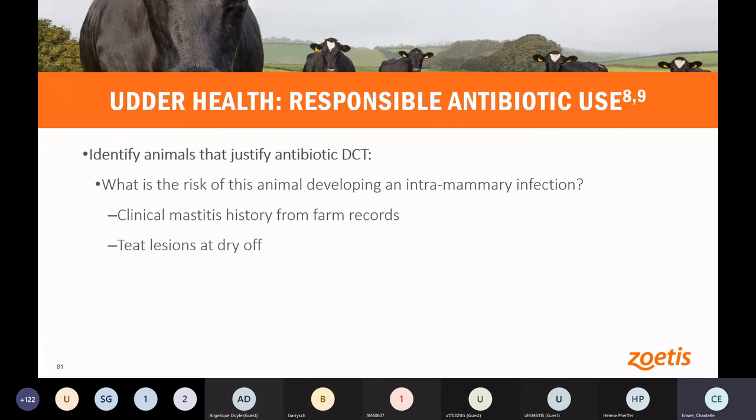When you look at antibiotic dry cow therapy, look at what is the risk of this animal developing an intramammary infection. There you can look at the history, the records of clinical mastitis.